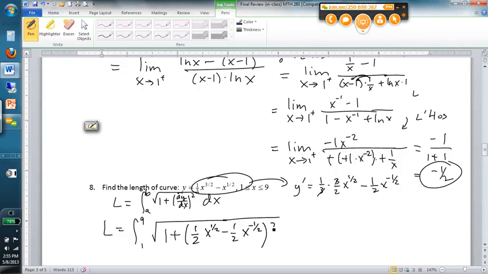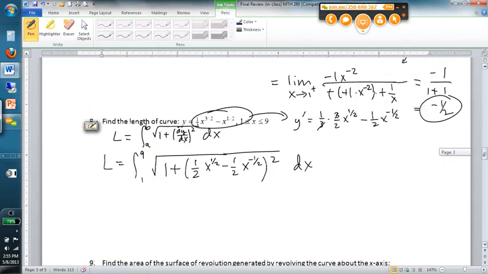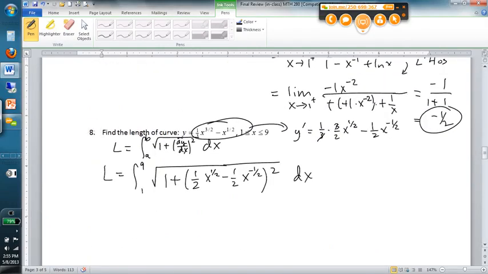But don't forget you've got to square that. So you've got to square the derivative: 1 plus the derivative squared. Well, this one, remember what happens?